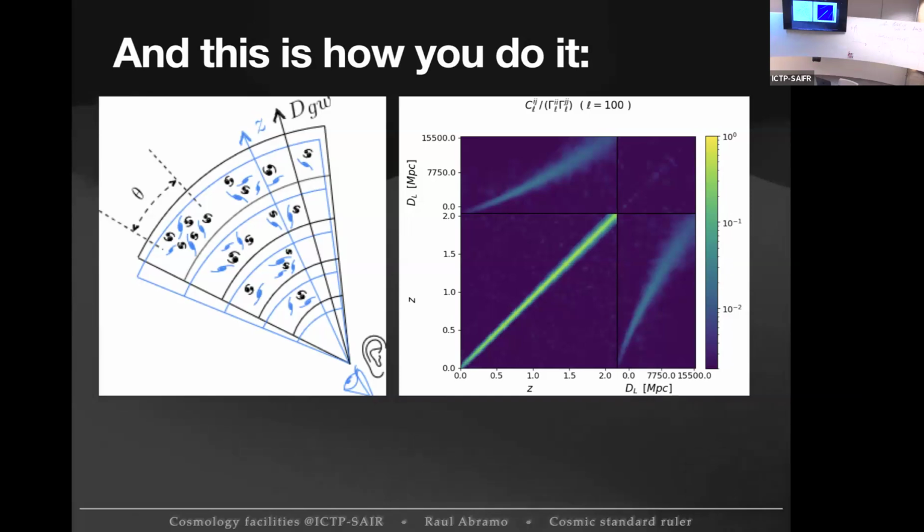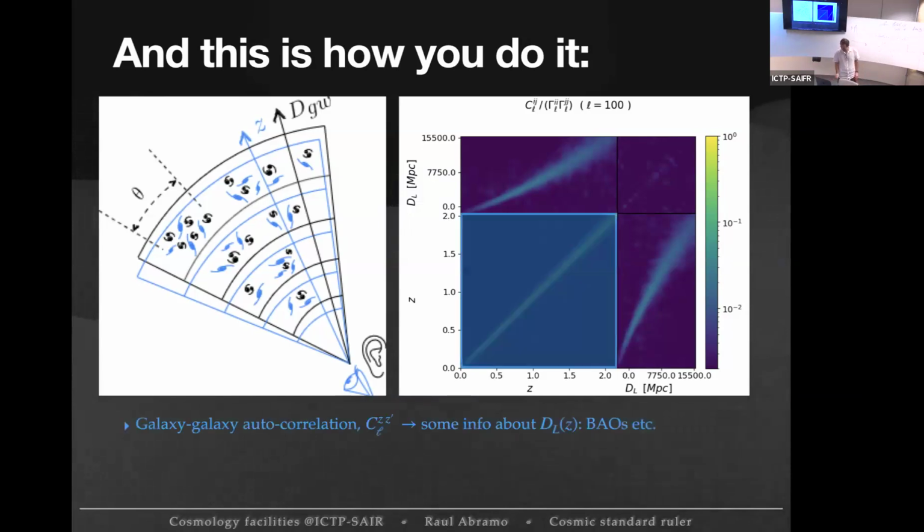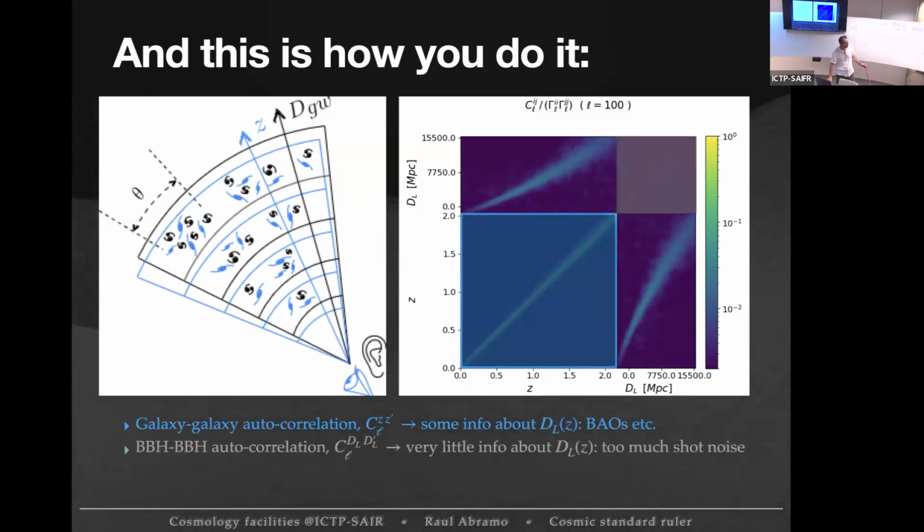This is the autocorrelation of galaxies with different redshifts, for L equal to 100. This is for the black holes, a very weak signal because it's totally dominated by shot noise. And this is the cross correlation of galaxies with the black holes. We don't really care about the galaxy autocorrelation because this is being done already by BAOs and other probes, so there's nothing new in there.